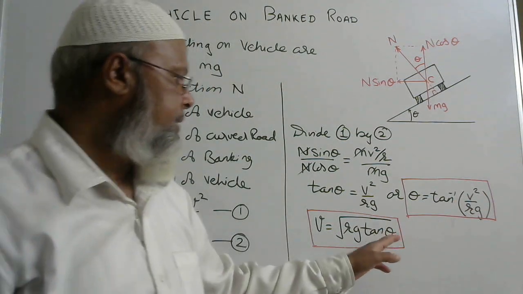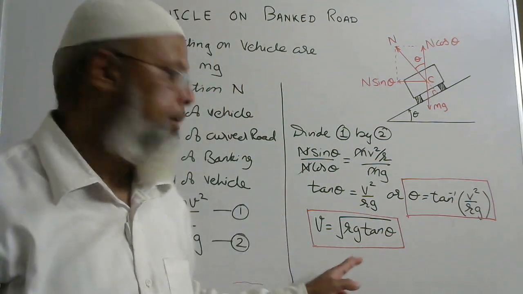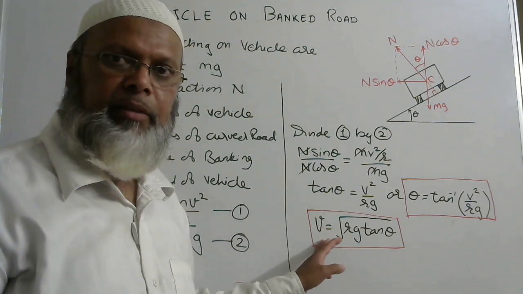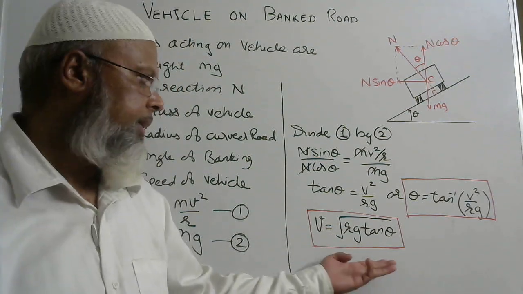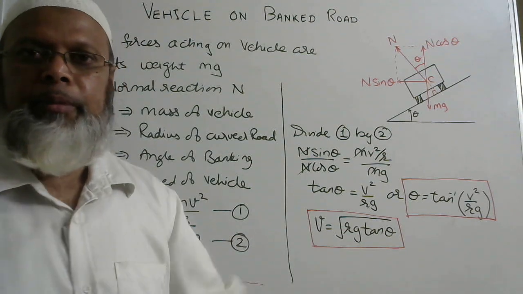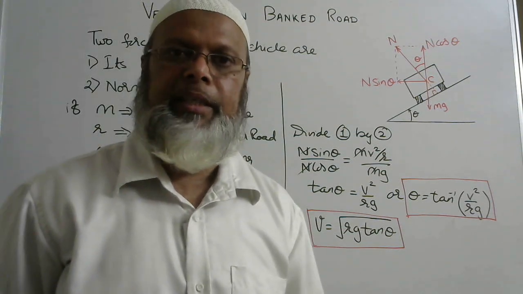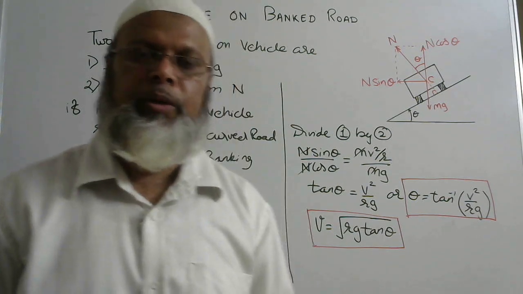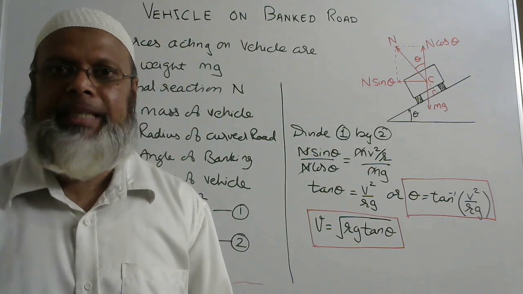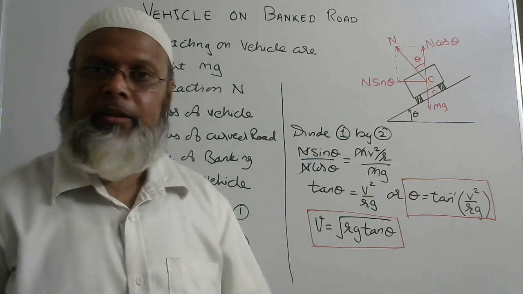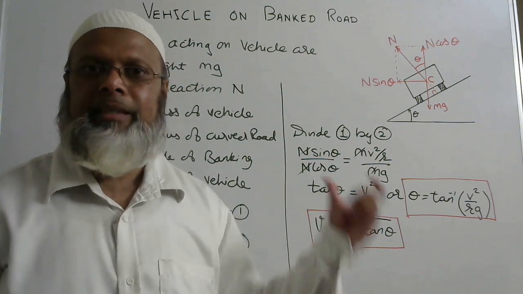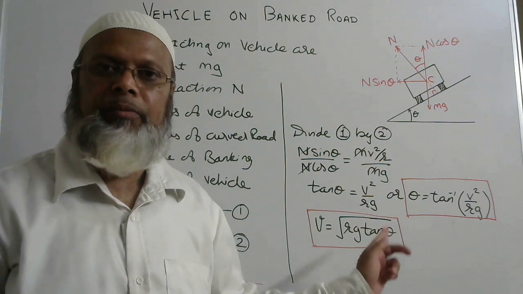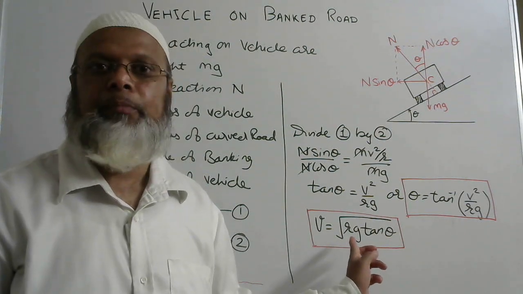And if all these quantities are given and you want to determine v, the speed of the vehicle, that can be determined by this expression. If you remember the previous two expressions, for the unbanked curved road and the wall of death, and now in the banking of road, if you compare the speeds of the first two cases and this third case, you will find that this is independent of mass.